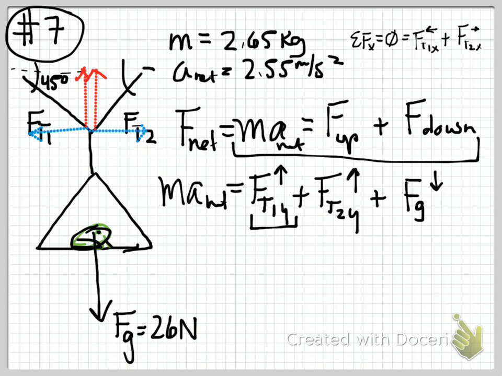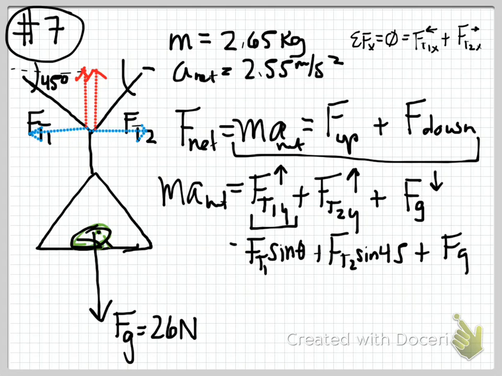Yeah, so force of tension times the sine of 45. Or, for now, I'm just going to say sine of theta. And for the other one, it would be force of tension 2 times sine of 45.